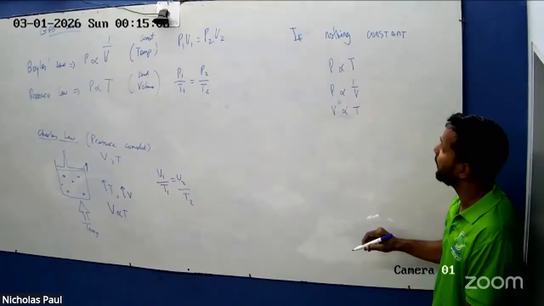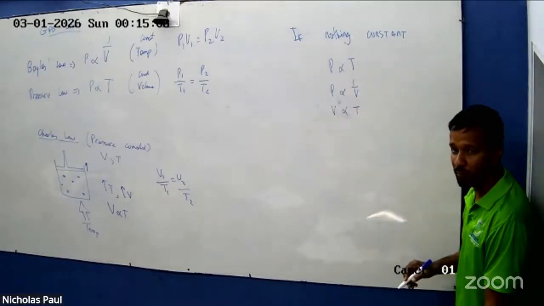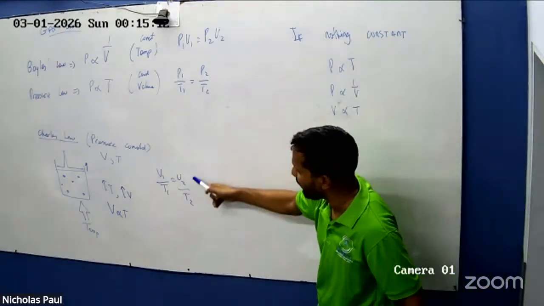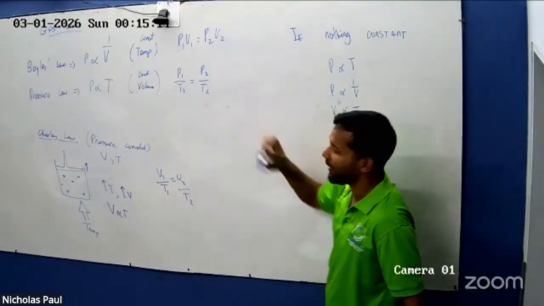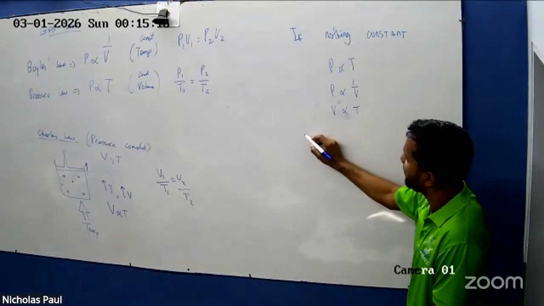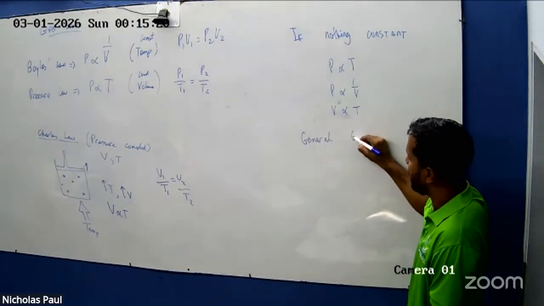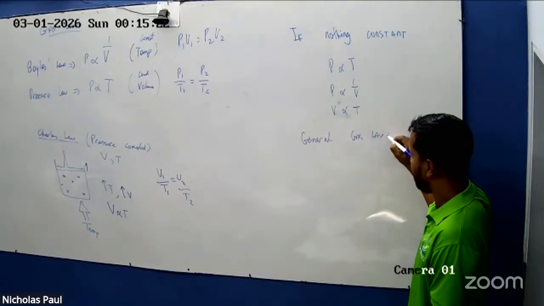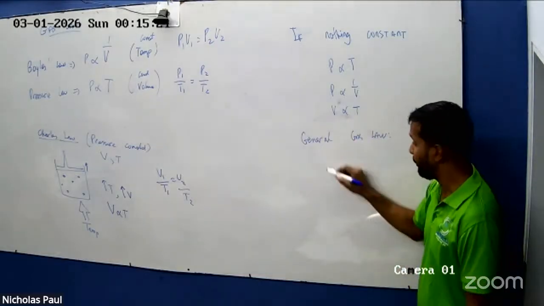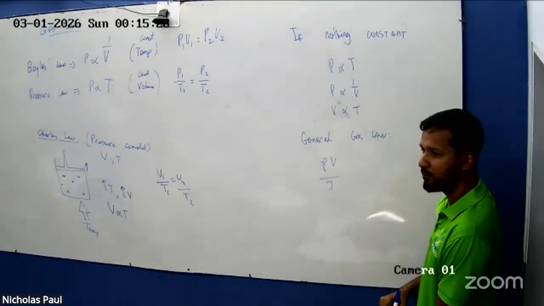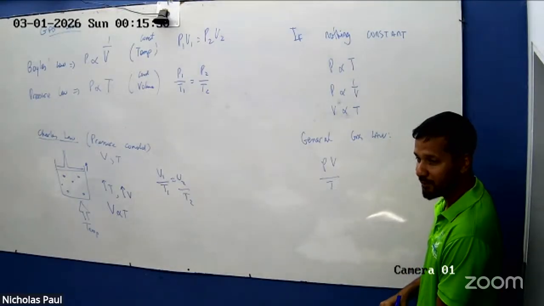Right. So how do I put this into a formula? Watch this. If I combine these three formulas together, will they look like this? PV over T. It's called the general gas law. PV over T, excellent, Benaya. That's it.